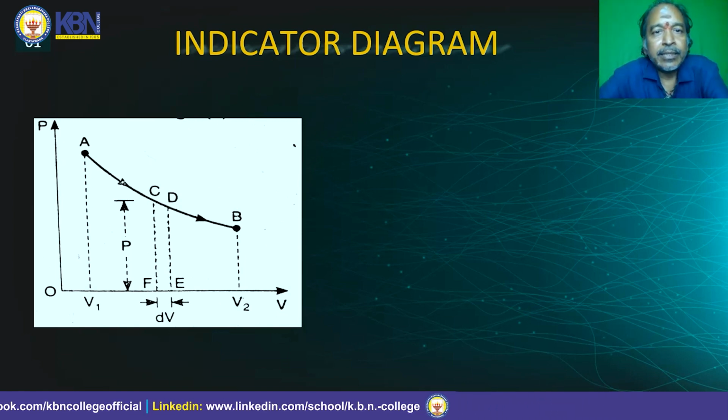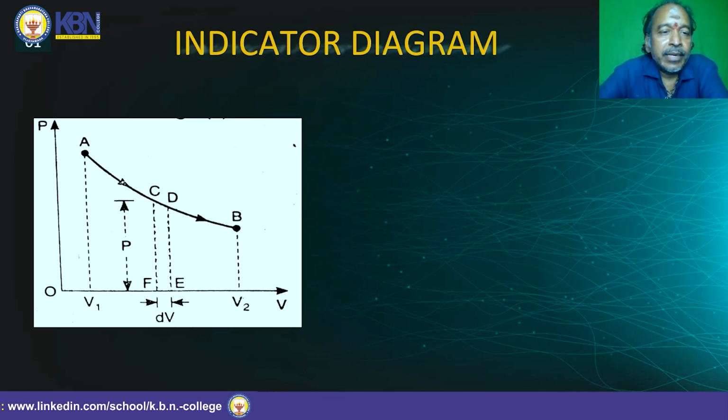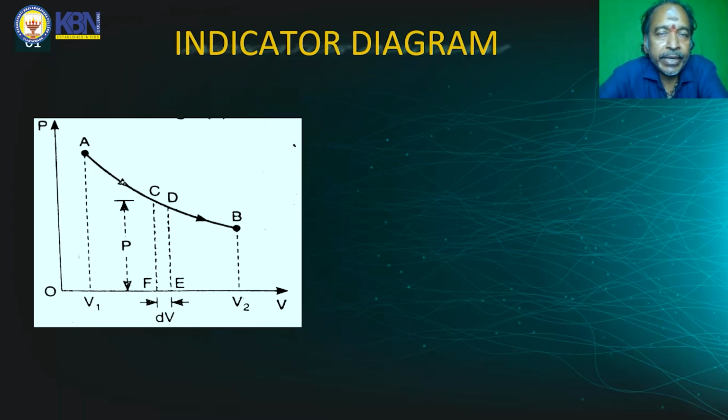So the indicator diagram represents the change of the system. That means it gives the initial state and the final state, or the intermediate state also, that means in between A and B. One of the best applications of this indicator diagram is the area under the curve.